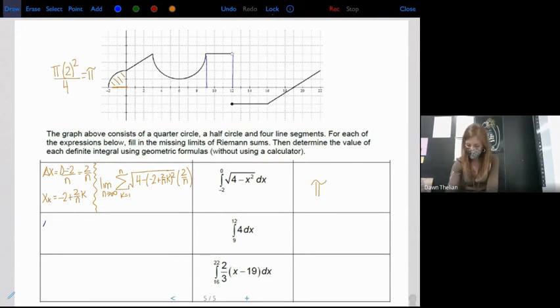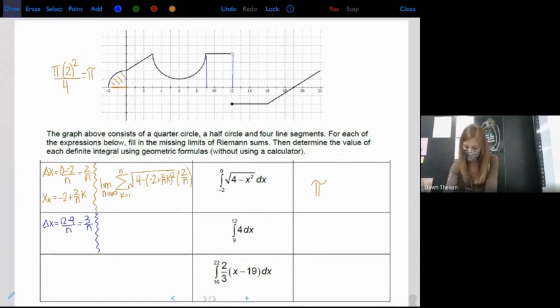The delta x is b minus a over n, so 3 over n. And this time I'm not even going to write my x sub k because I'm noticing it's a constant. I don't need to plug in an x.